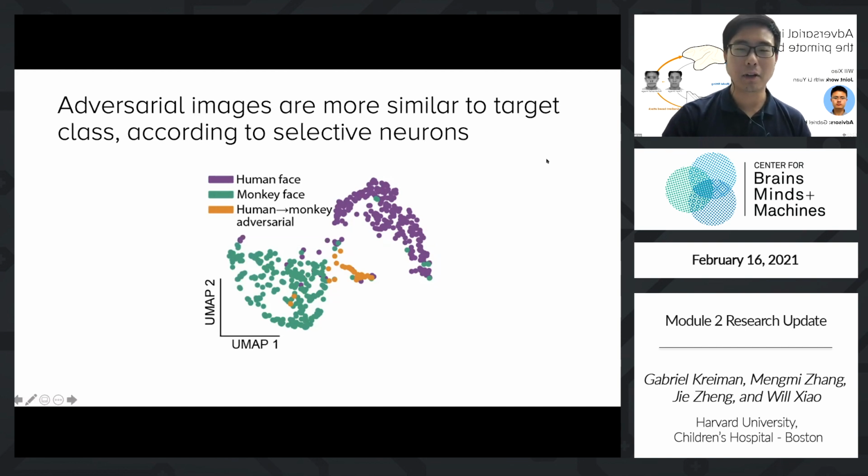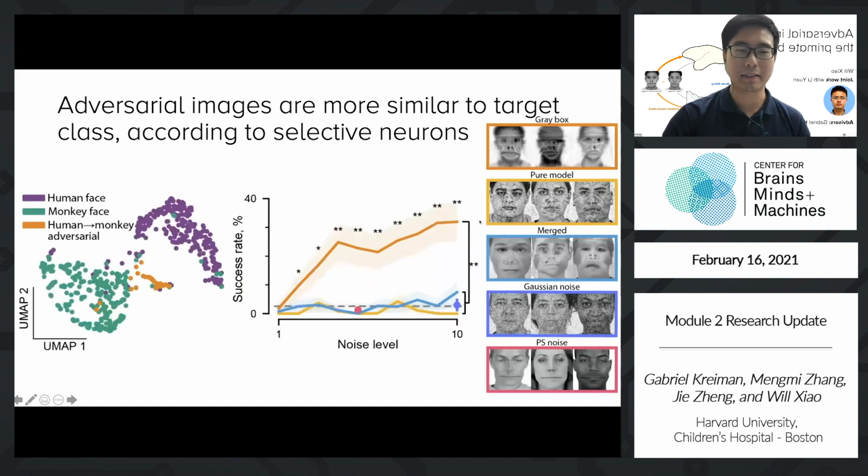So when quantifying the attack success rate, we just use a linear SVM directly on the normalized firing rates. Here, success rate is defined as the fraction of images out of 40 per condition per noise level. And the dashed gray line here indicates error rate on clean images.